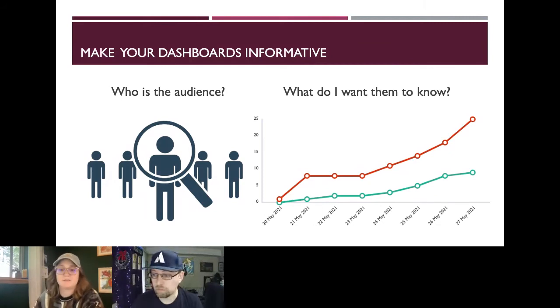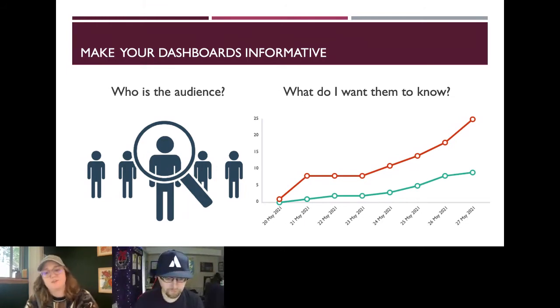Once I know who's going to be looking at it, I can start to think about what I want them to know. What do they care about? Obviously, with Jira dashboards, you're going to start with the basics, like status and assignees, but taking it up a level is really helpful. Rather than how many issues are in each status, think: is my project on track?